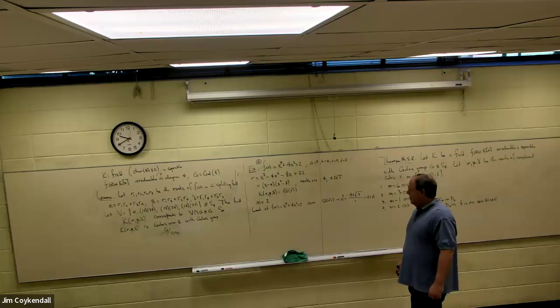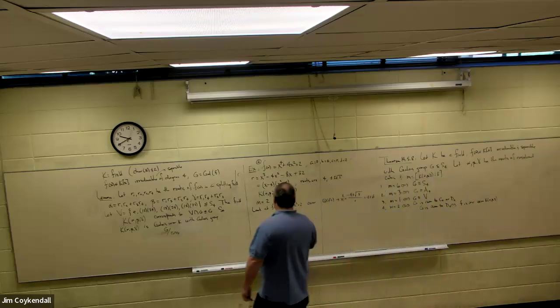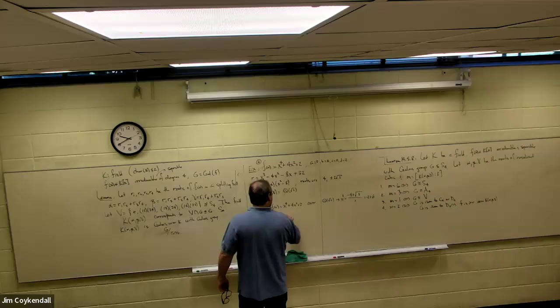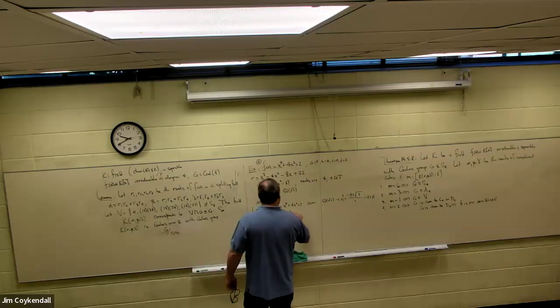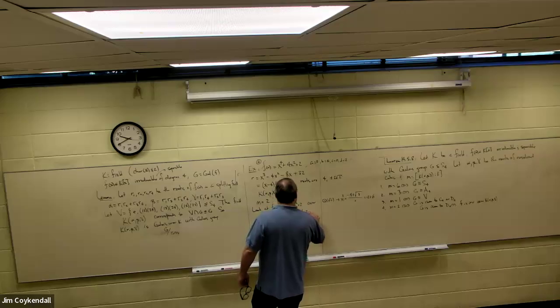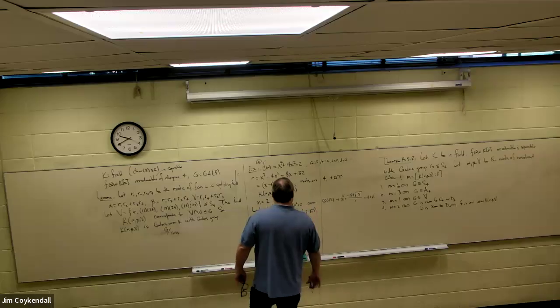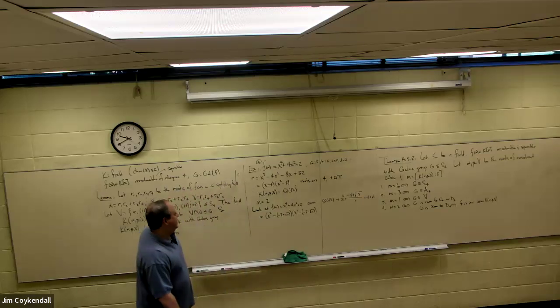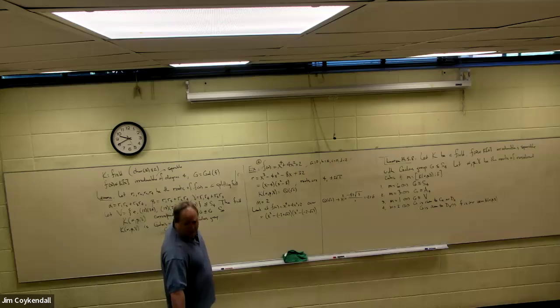Everybody agree with that? So this polynomial should reduce. This should be x squared minus 2 plus radical 2 and x squared minus 2 minus radical.